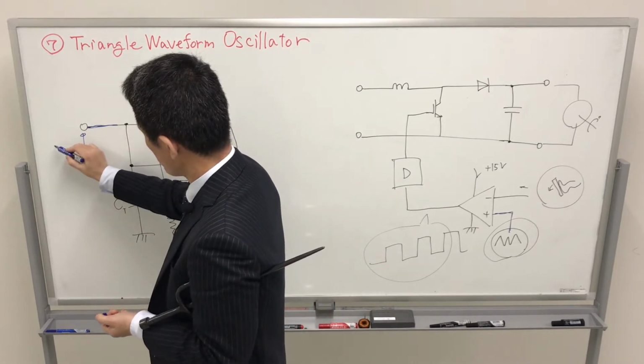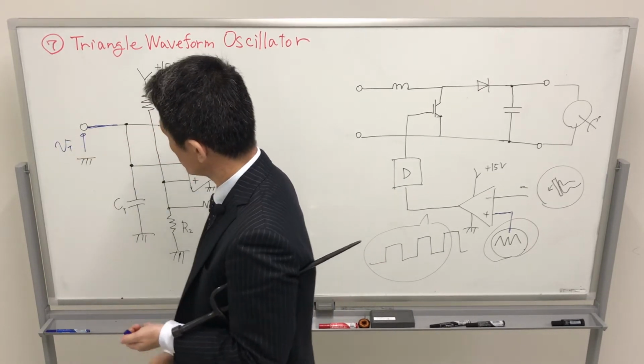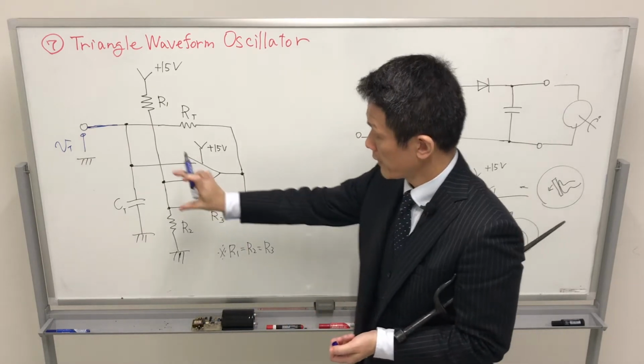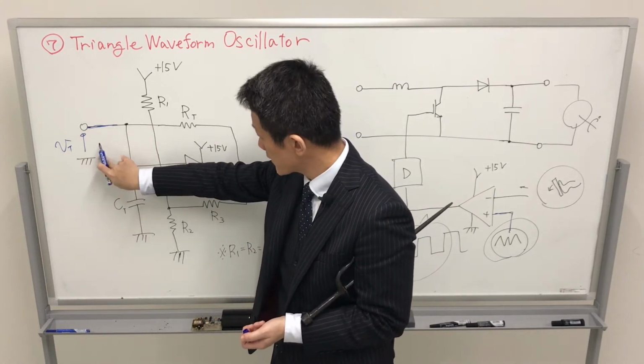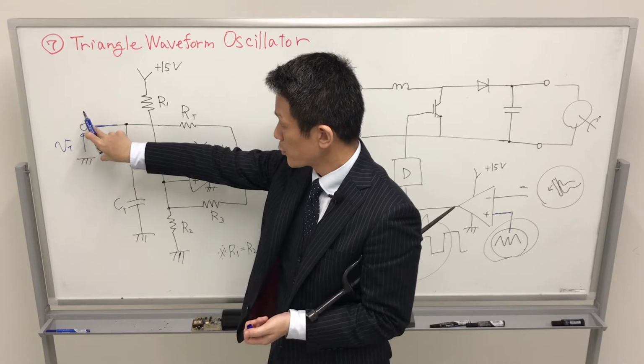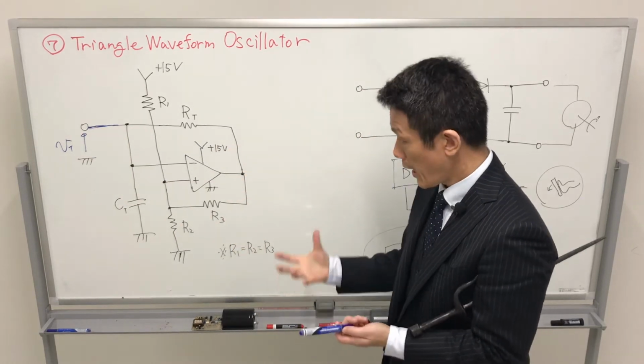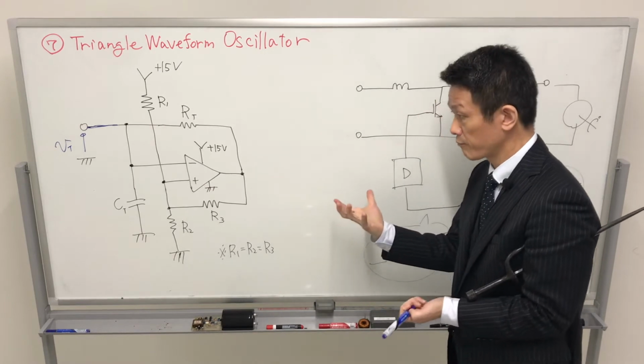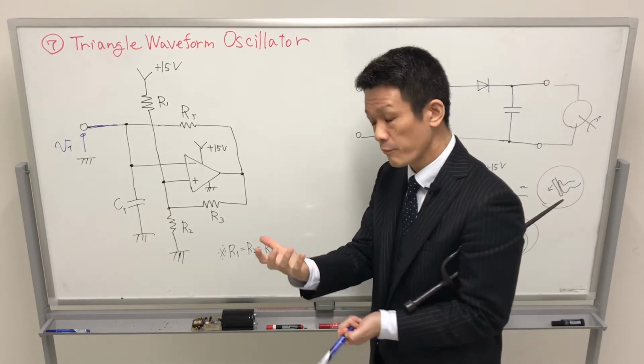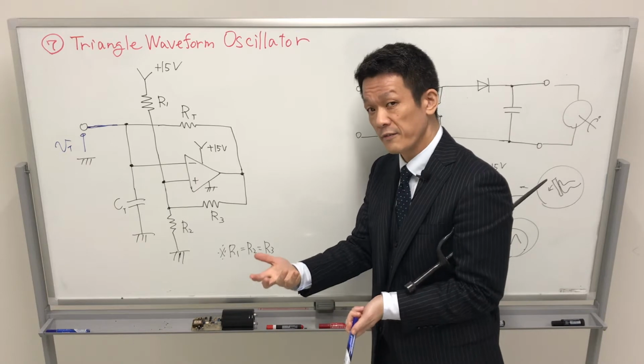This is V triangle waveform. We can obtain the triangle waveform between the ground-side terminal and this output terminal. How do we generate the triangle waveform? We will analyze it today. Okay?